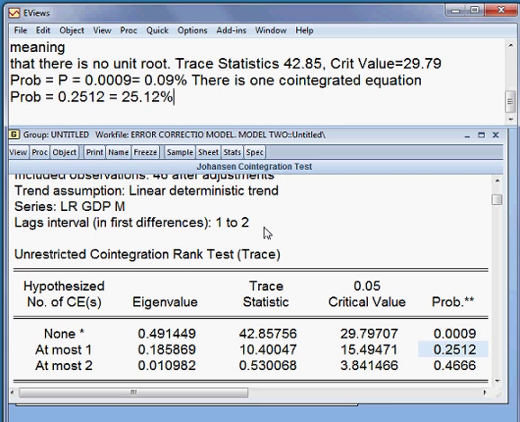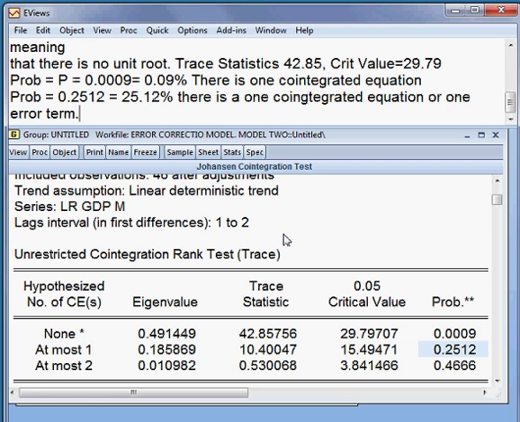So there is one co-integrated equation, or one error term. There is one error term, the same meaning.